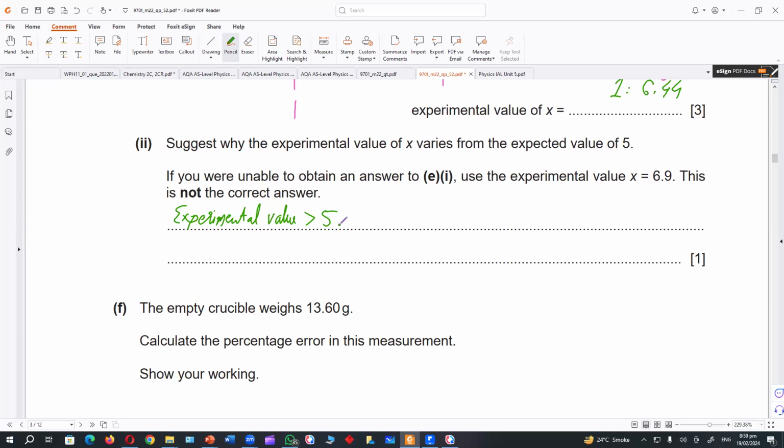It means somehow copper sulfate is less than its original value.